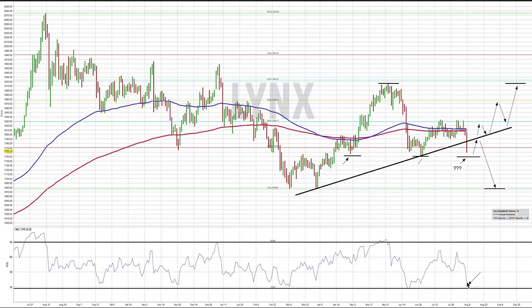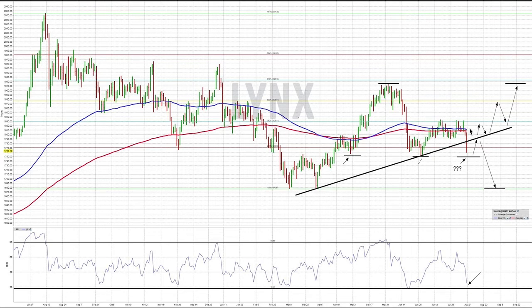So there's possibly a retest of this ascending trend line, just because we are oversold and we are rebuilding a little bit into neutral territory. Just explaining the two lines here, nothing about rocket science. The blue one is the 100 EMA and the red one is the 200 EMA, so the exponential moving averages.